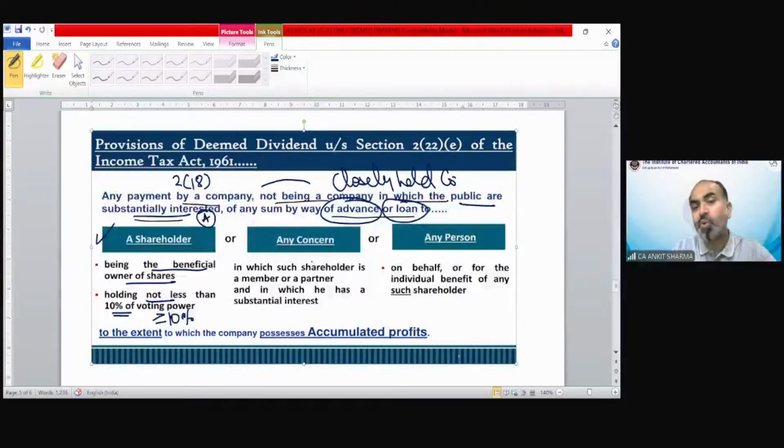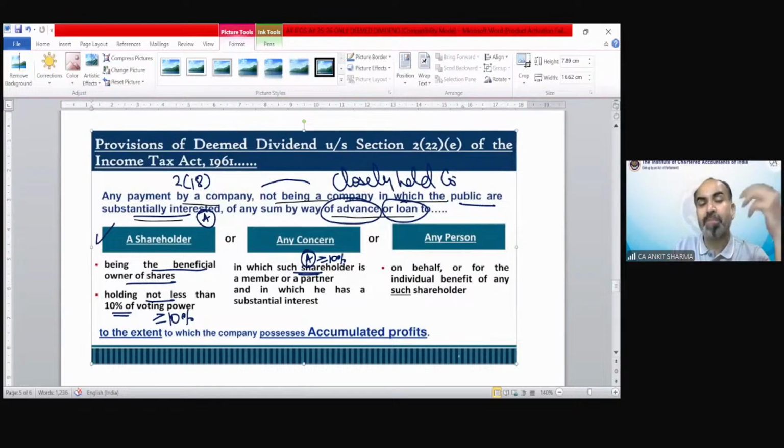Or if we are giving to any other concern, any partnership firm, company, etc., in which such shareholder is a member or partner and having substantial interest.